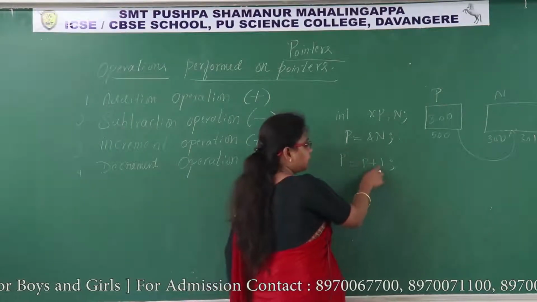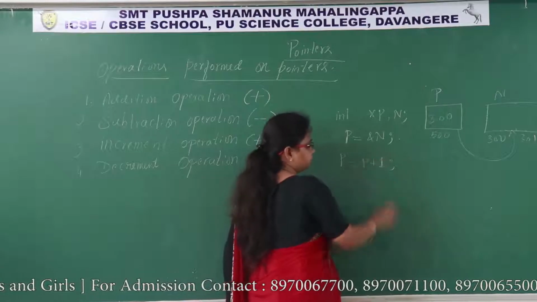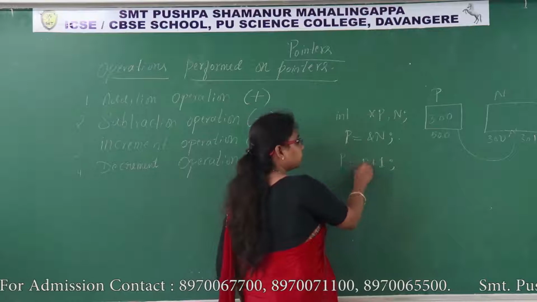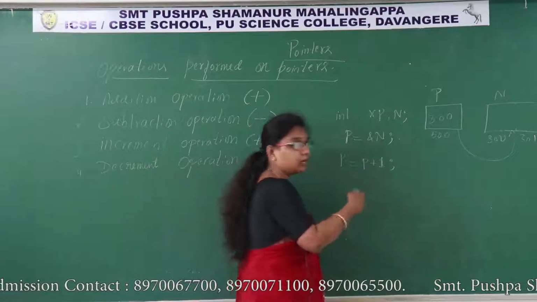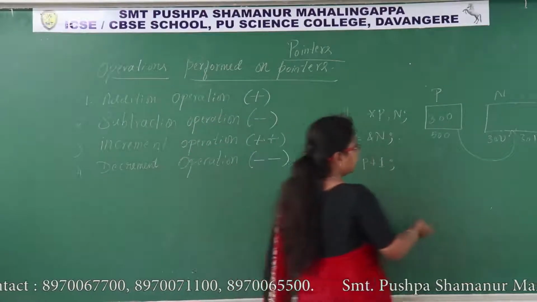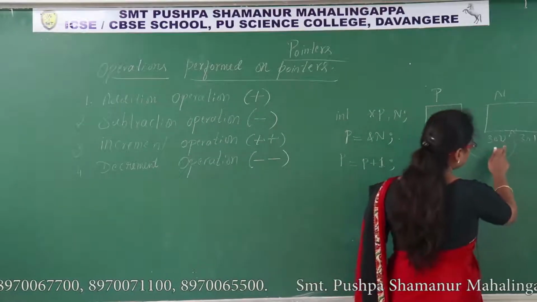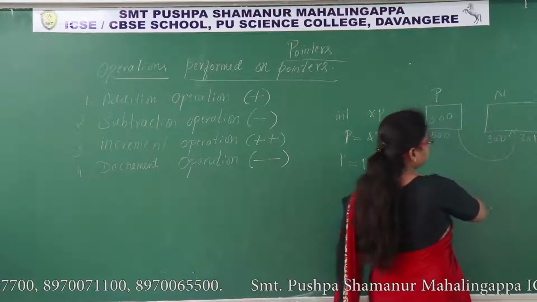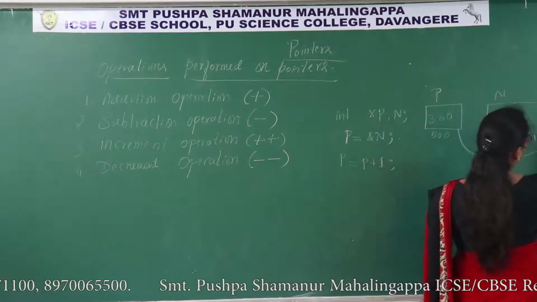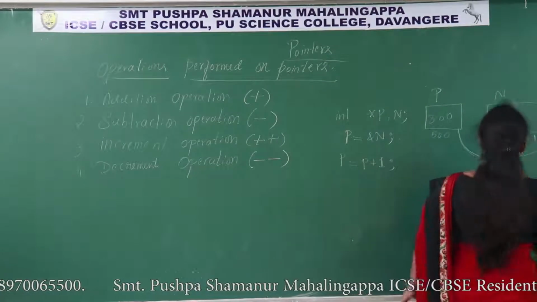I added one number, that is 1. Okay, what does it mean? p is an integer type pointer, no? So addition means incrementation only. One time increment. Right now it's pointing to 300. Since it is an integer type pointer, it points to 302. Further memory locations are there, no?